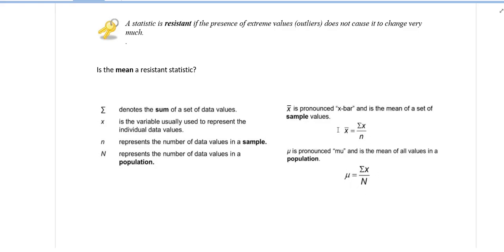And then if we're looking at a subset of the US population, like say people in the state of California, we are a subset of the US, so that would be a sample. So we're a sample of the larger population being the United States. And so we would use x bar if we were checking the same variable, but mu is the mean of the population, x bar is the mean of the sample.